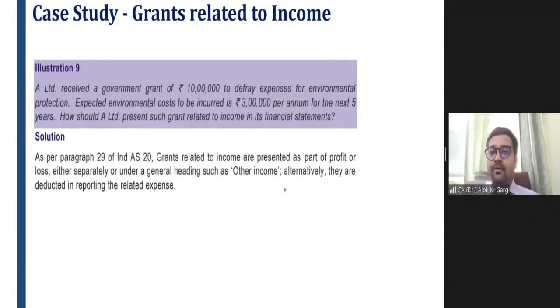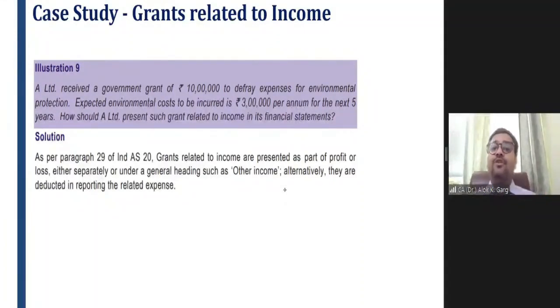Next example or case study. A Limited received a government grant of ₹10 lakh to defray expenses for environmental protection. So A Limited is incurring some expenses to protect the environment, and that is why the government has given a grant of ₹10 lakh to the company.